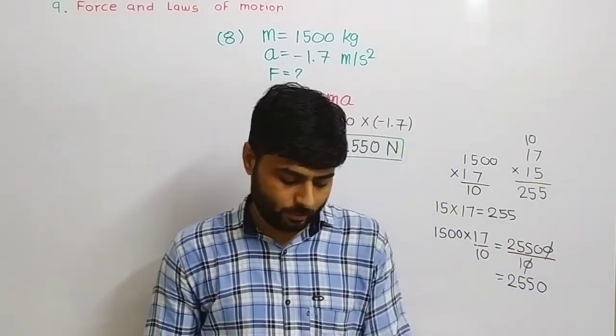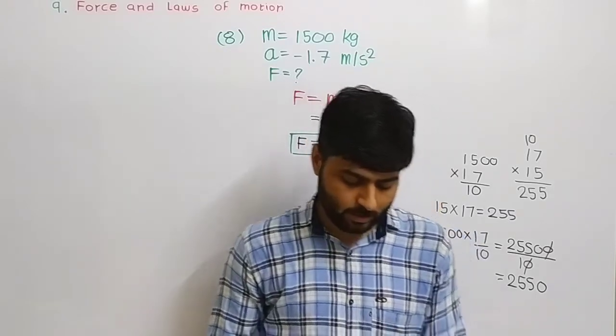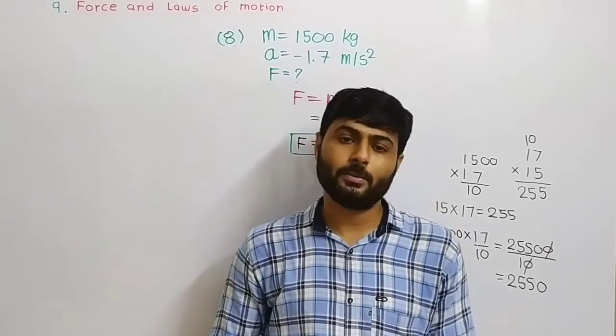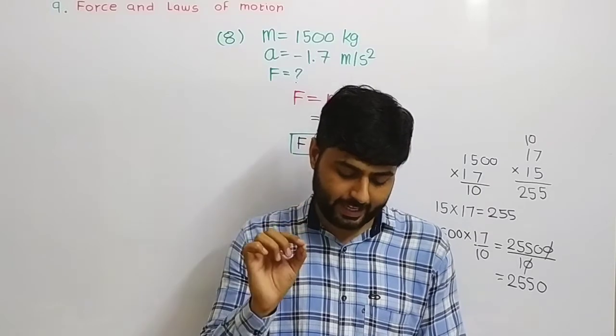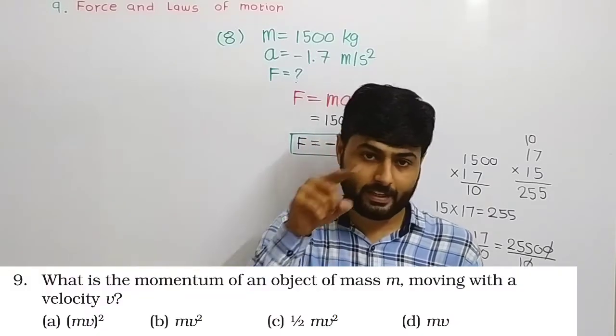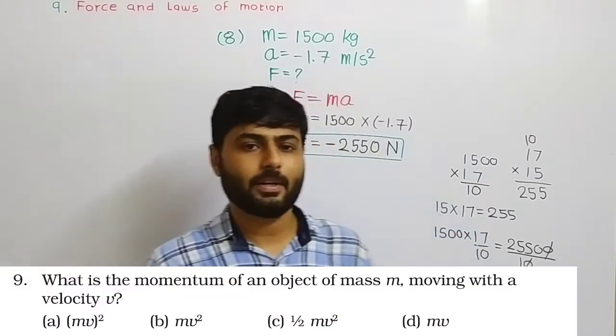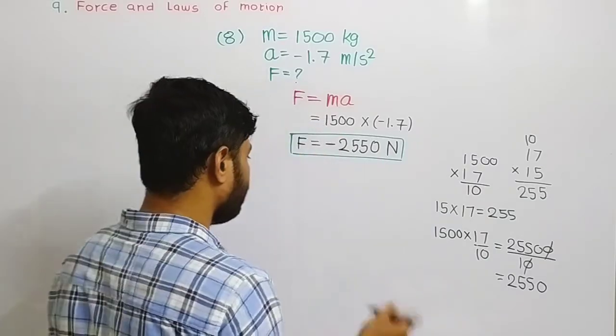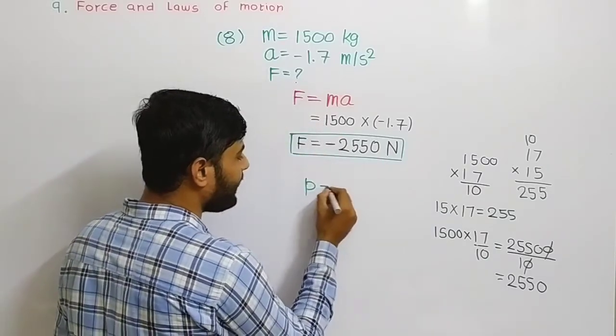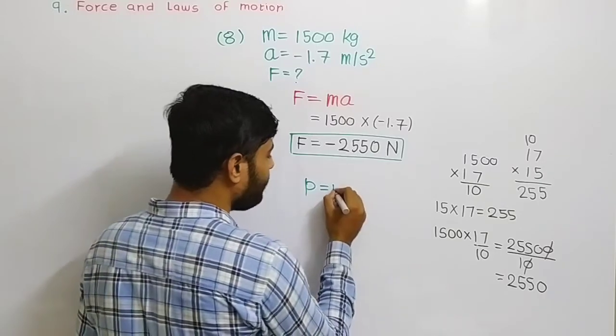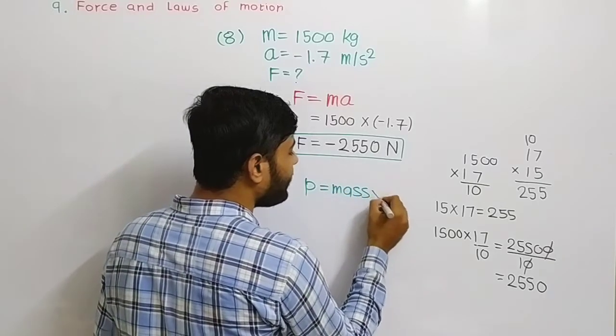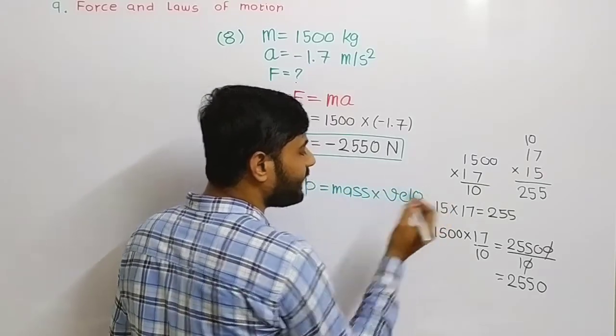Okay, so we have question number 9. What is the momentum of an object of mass m kg with velocity v meter per second? So we know what momentum is. Momentum is equal to mass into velocity.